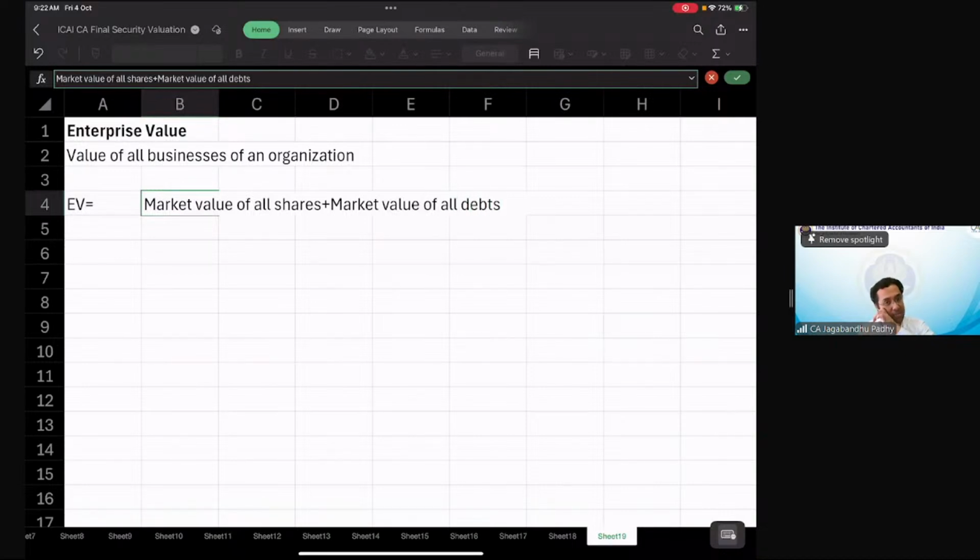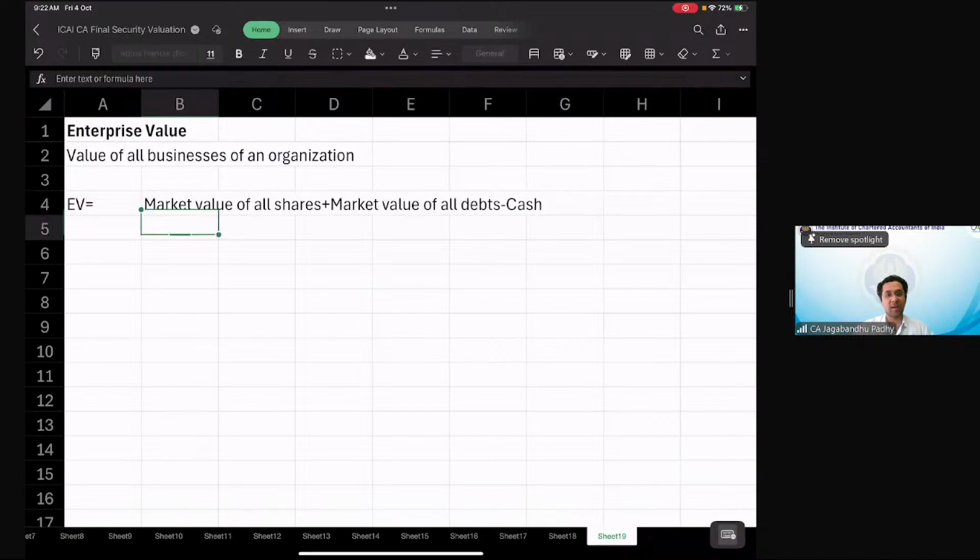Market value of all shares plus market value of all the debts, minus any cash balance that you have, right? So enterprise value is added and we remove the cash component from that. Now what will be the cash component that will be removed?